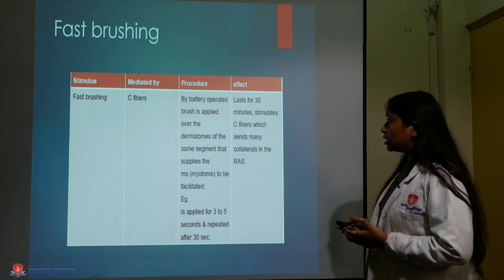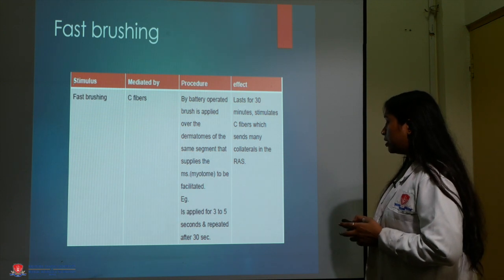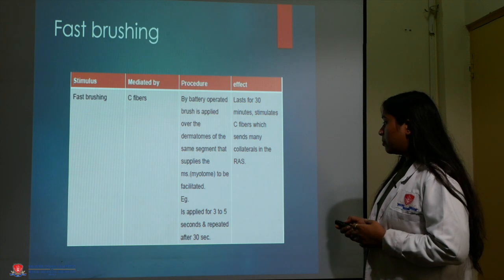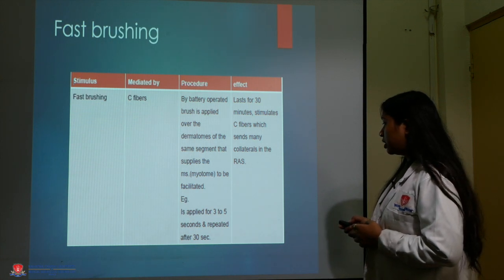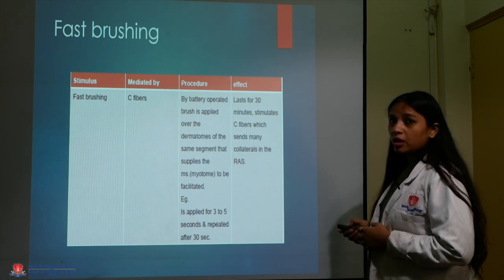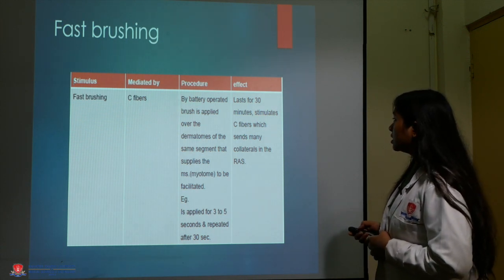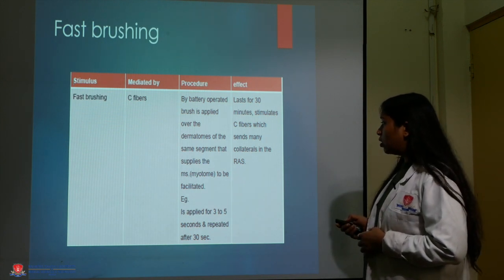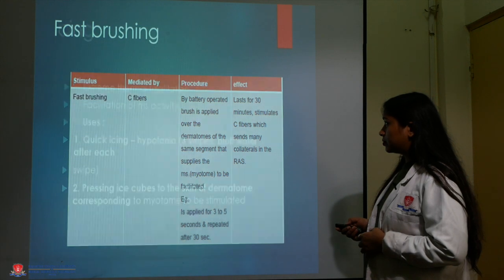So we will give fast brushing in the dermatomes of the segment that supplies the myotome. For example, it is applied for 3 to 5 seconds and repeated after 30 seconds. So what is the effect of fast brushing? It lasts for 30 minutes and it stimulates C fibers which send many collaterals to the RAS.